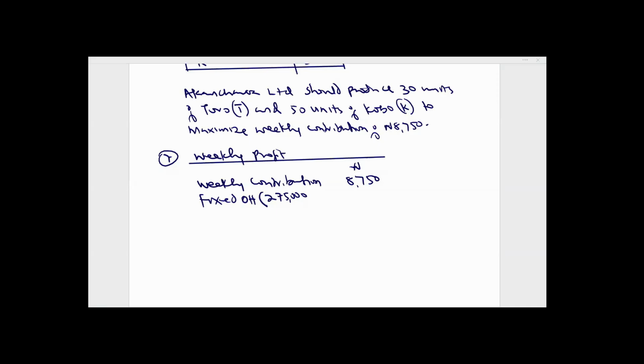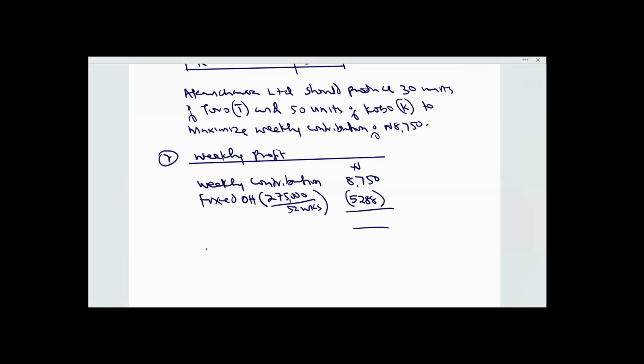So you can use 52 weeks. Therefore, divided by 52 weeks. So 275,000 divided by 52, that's 5,288 naira.